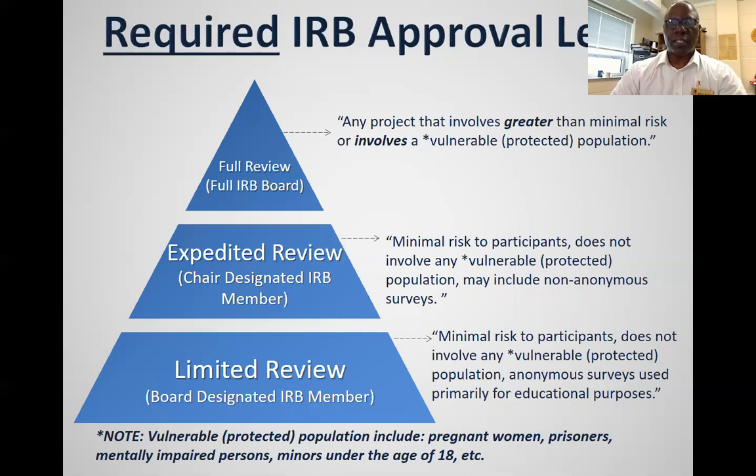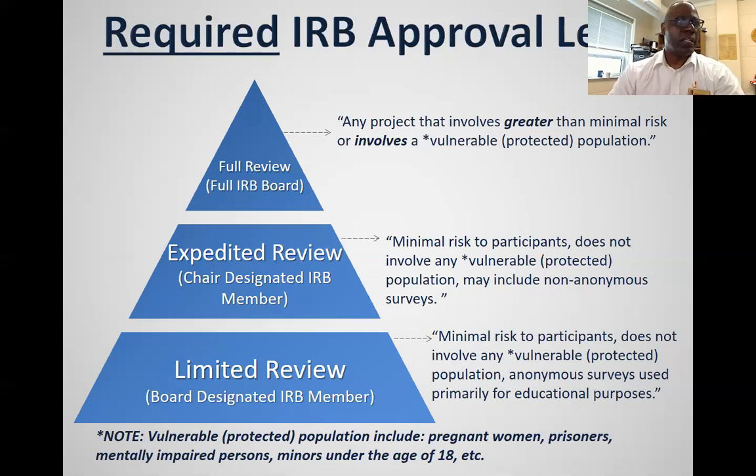The requirements are that these limited reviews, the IRBs that are approved, are in the expedited review process. That means that there are no protected subjects, there is a very limited, very constrained population which is going to be reviewed, and that the subjects or participants are going to be anonymous.